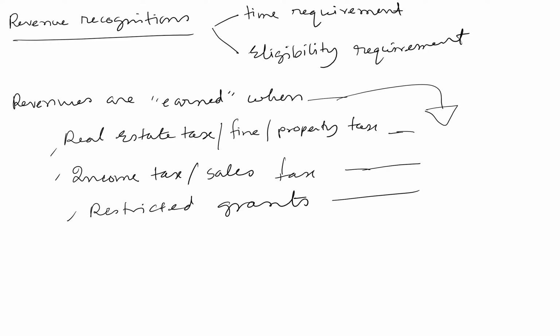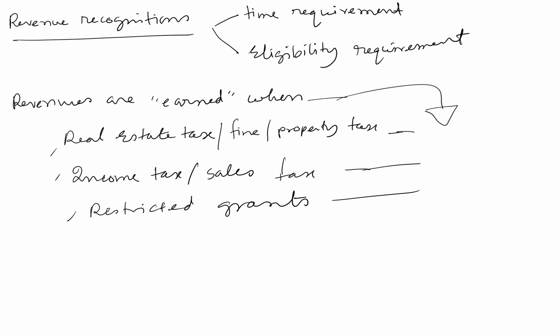So far we discussed those non-exchange revenues, in different categories. Revenues will be recognized when the resources are used. Now there is another requirement, called the eligibility requirement, which is for government mandated and voluntary transactions. It should have a time requirement, and it also includes some required characteristics.